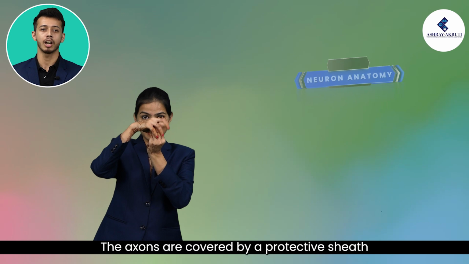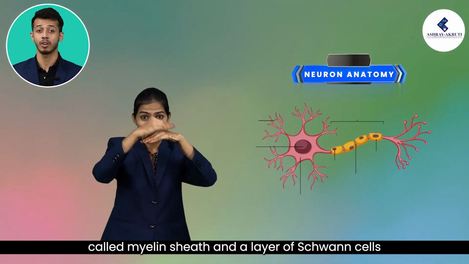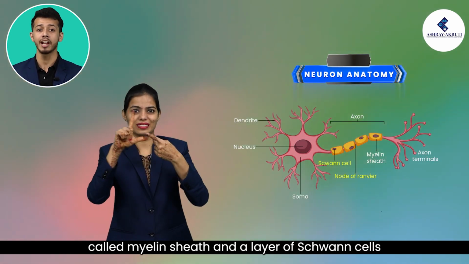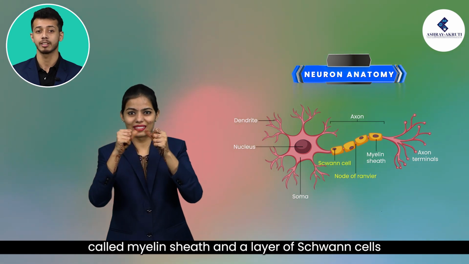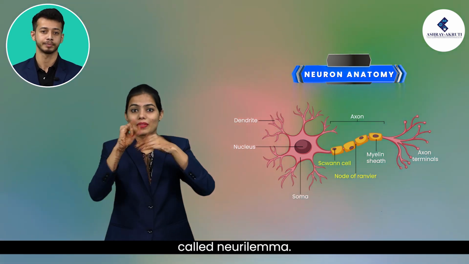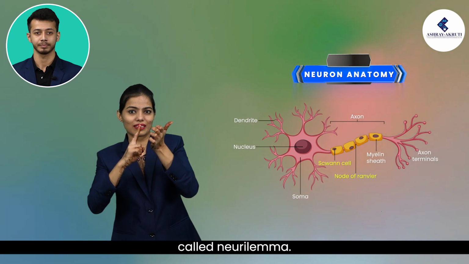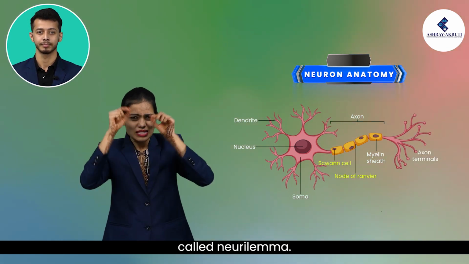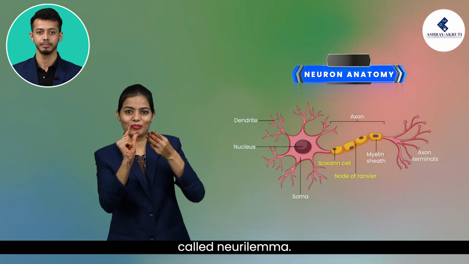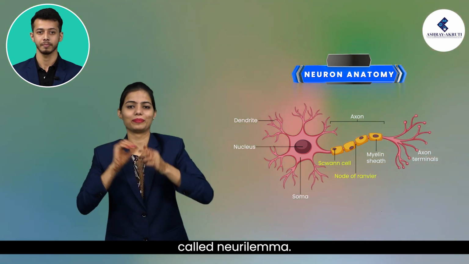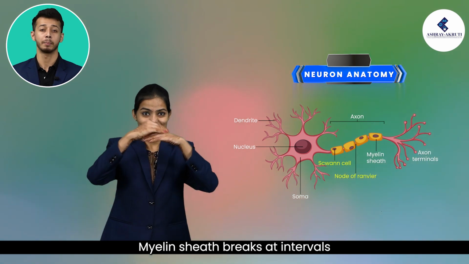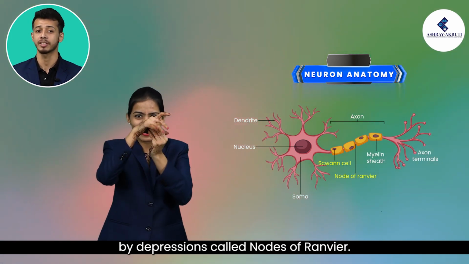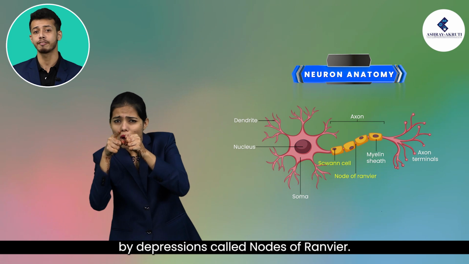The axons are covered by a protective sheath called myelin sheath and a layer of Schwann cells called neurolemma. The myelin sheath breaks at intervals by depressions called nodes of Ranvier.